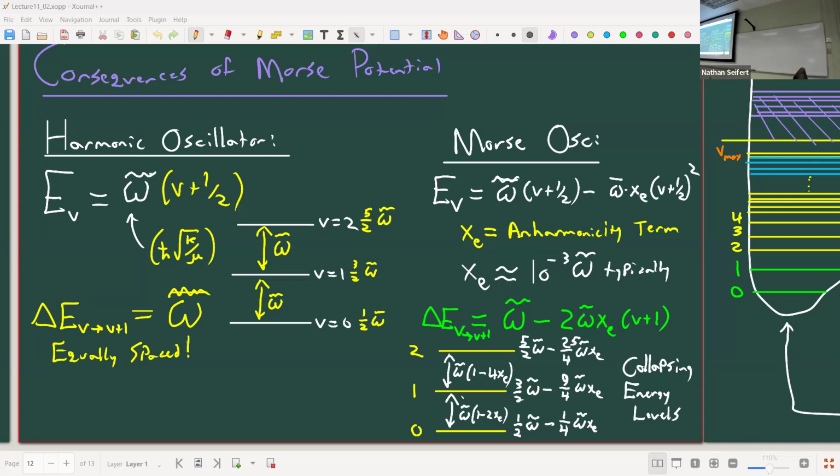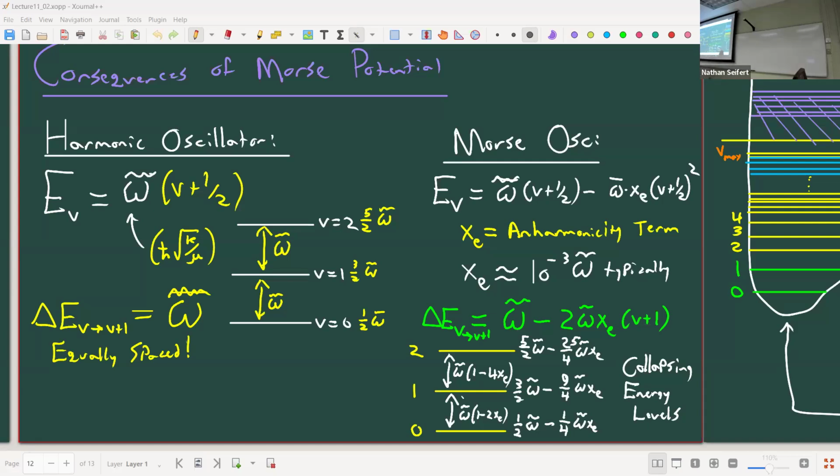So again, our central focusing idea is that we're treating bonds like just plain old springs. And the take-home point from that today, and forever, in some sense, in all chemistry, is that this gives us this beautifully equally spaced set of energy levels.